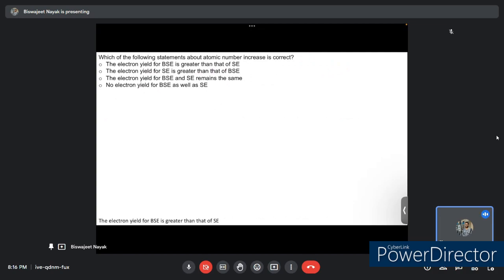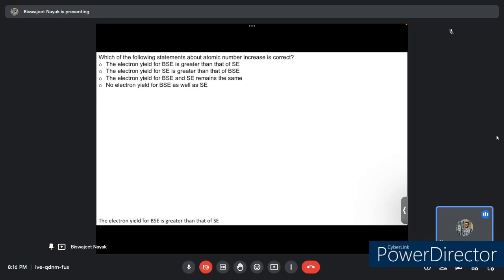Which of the following statements about atomic number increase is correct? With increase in atomic number, as we know, we consider most of the time backscattered electrons. The first option: electron yield for backscattered electrons is greater than that of secondary electrons. That seems correct. The electron yield for secondary electrons is greater than that of backscattered electrons.